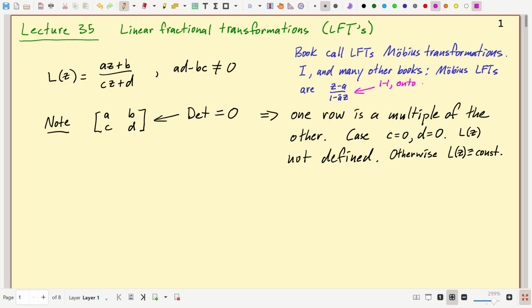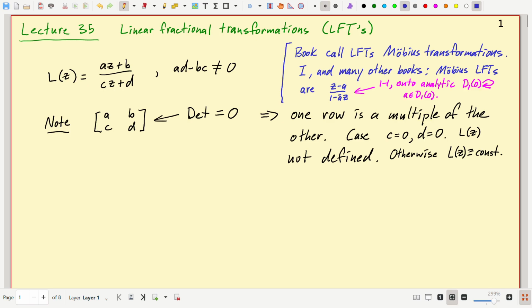So they'd be analytic and they would map the unit disk one-to-one onto itself. And of course here a is in the unit disk. So a gets mapped to 0. That's nice to know.